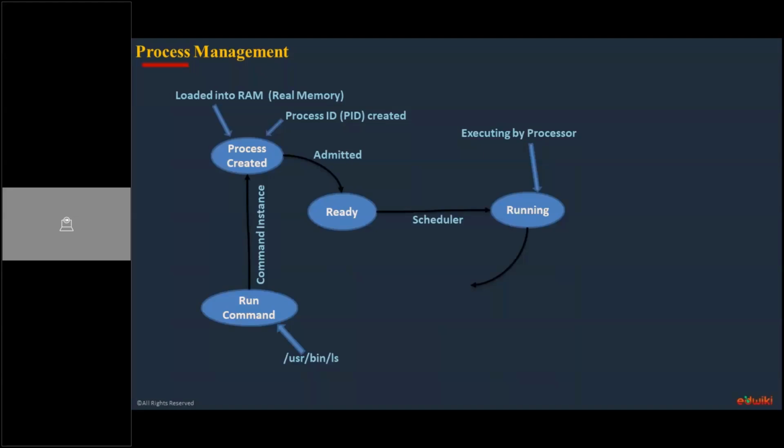So if the command is taking a very long time to complete, rather than spending the time continuously on one single command, it will try to put that command into the waiting state. Hey, you wait for some time, let me handle another command. After some time, your command will go for the schedule again, it will be executed again.